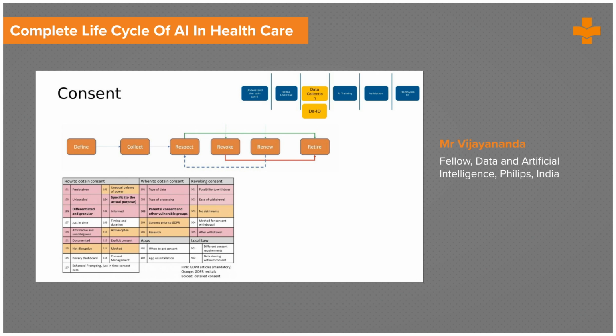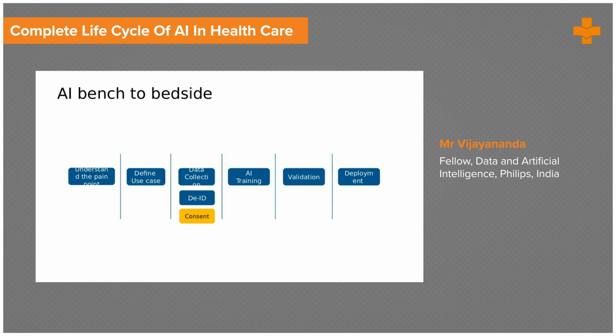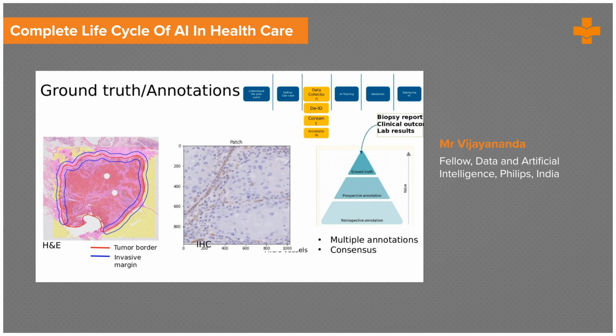And once the patient gives consent, then the data is available for de-identification and further processing. And at any point of time, as I said, there can be a revoke, in which case we have to ensure that that specific data which was consented should be stopped from further processing, or deleted or quarantined, whatever. The next aspect within the data collection itself is the annotations.